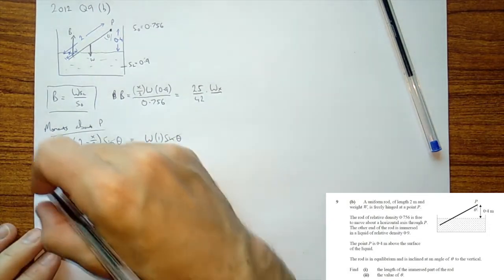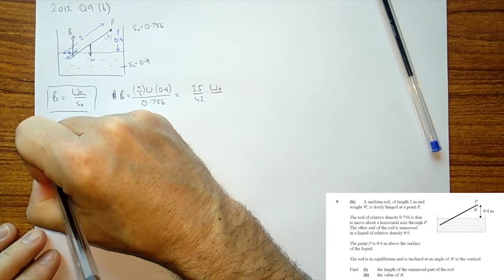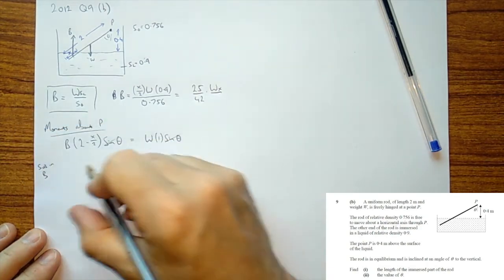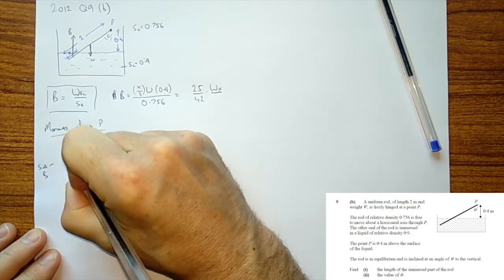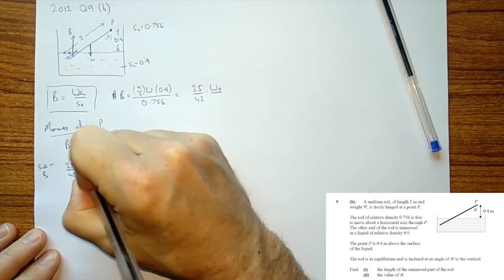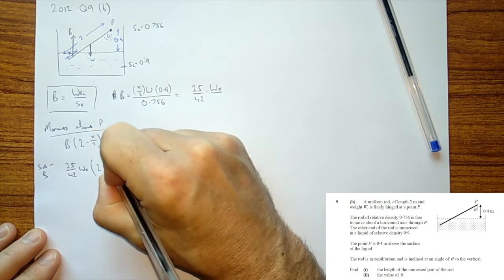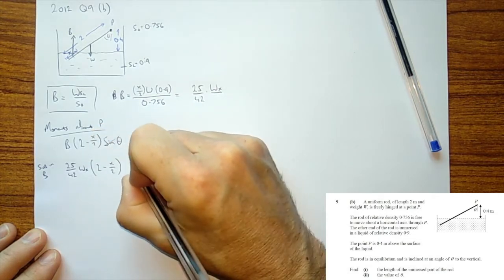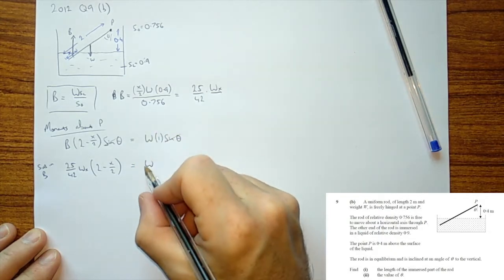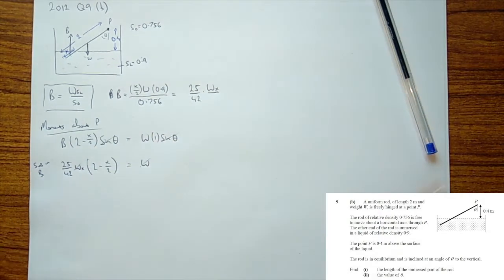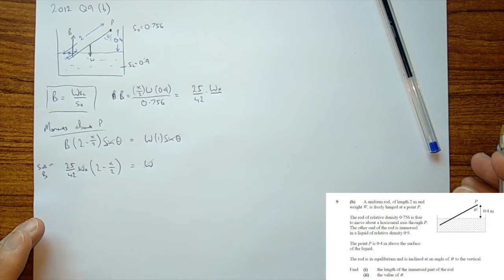Now let's sub in for buoyancy. So we get 25 over 42 Wx by the factor of 2 minus x over 2. There's going to be a little bit of algebra in our future here, equals W. And we can knock out the Ws on both sides. That's not quite so ugly and horrible.